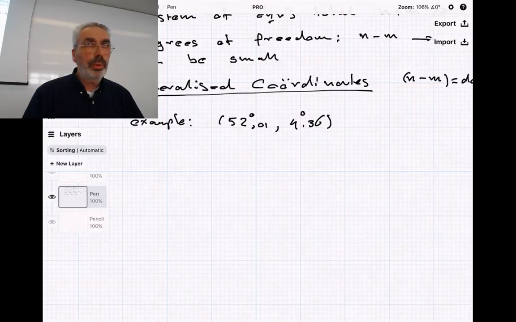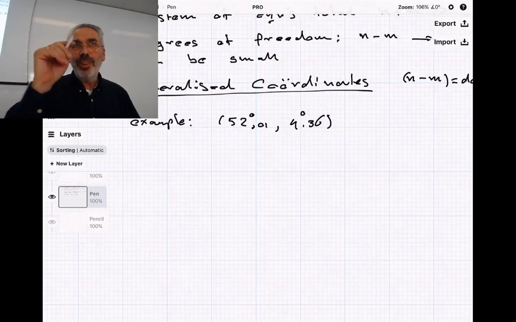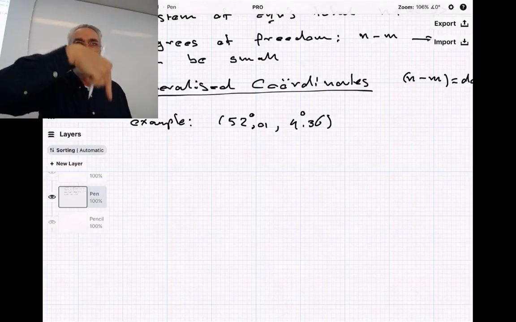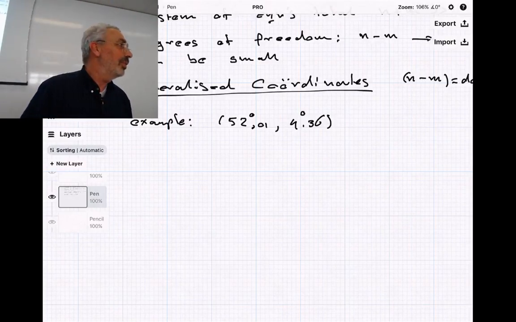This is an example of a generalized coordinate, right? Can anybody tell me what it is? It's not a GPS. The latitude and the longitude. Very good. Yes, it is here, where I'm sitting. It's my coordinate on the globe.